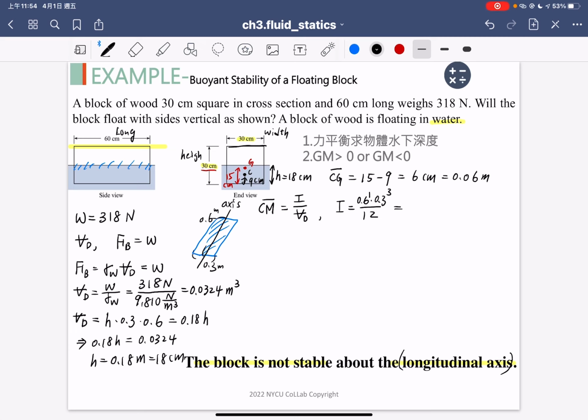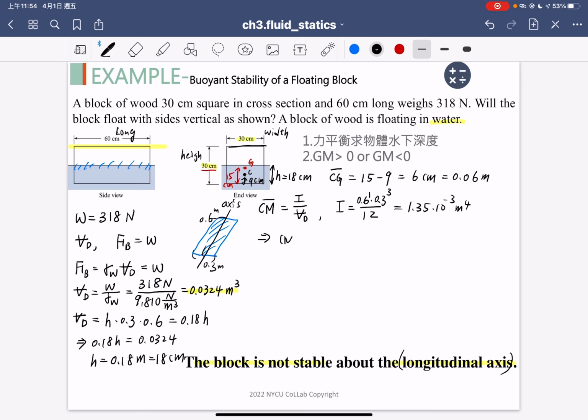By my calculator, and the 12, it's around 1.35 times 10 to the minus 3 meters to the fourth power. And we already know the Vd, which we already computed here. So we can put the numbers in.